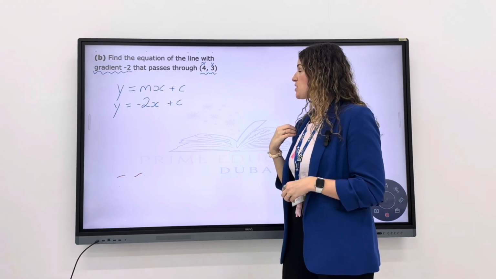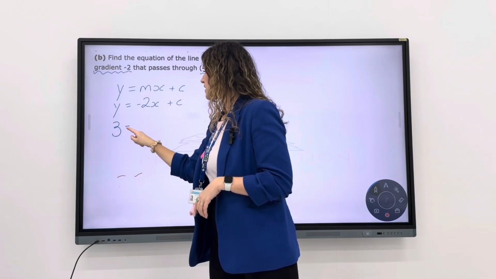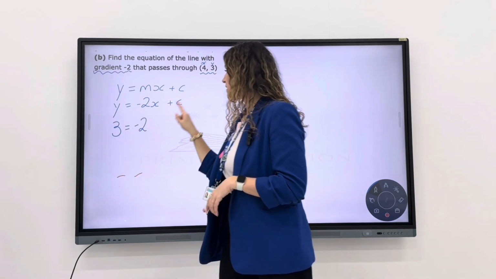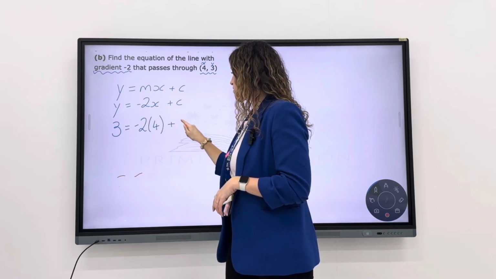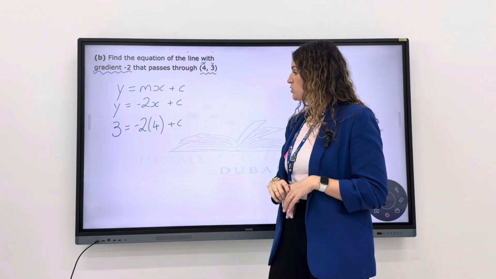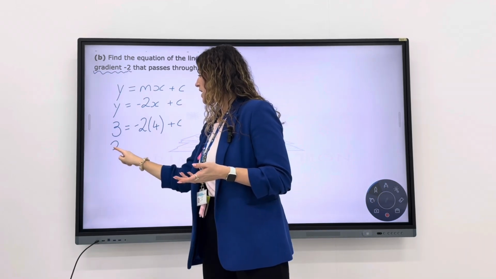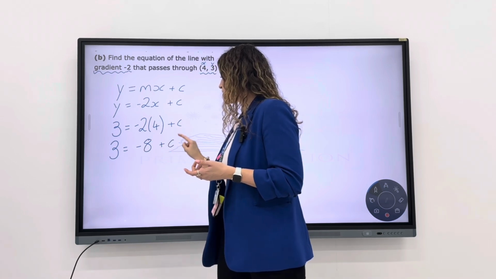So y is 3, so 3 is equal to -2x, well, x is 4, so I'm going to pop that into brackets, plus c. Now I'm going to simplify this. I have 3 is equal to -8 plus c.